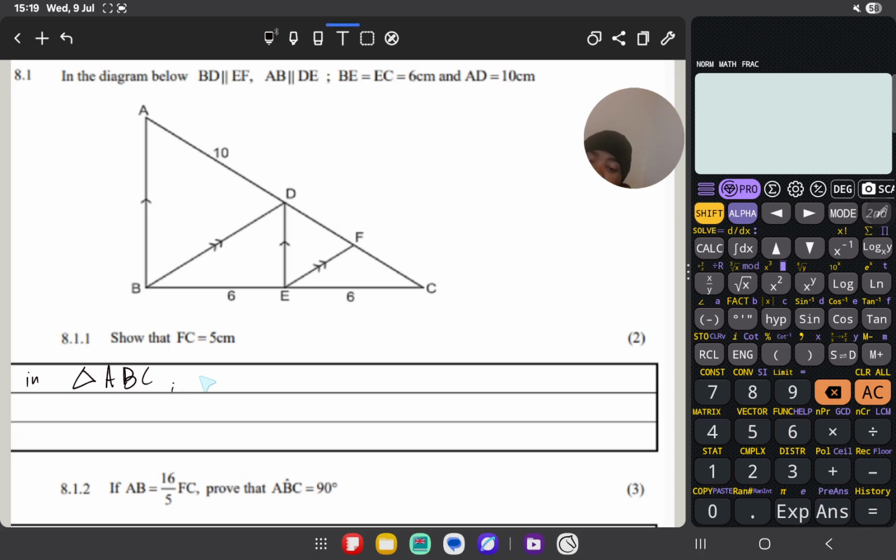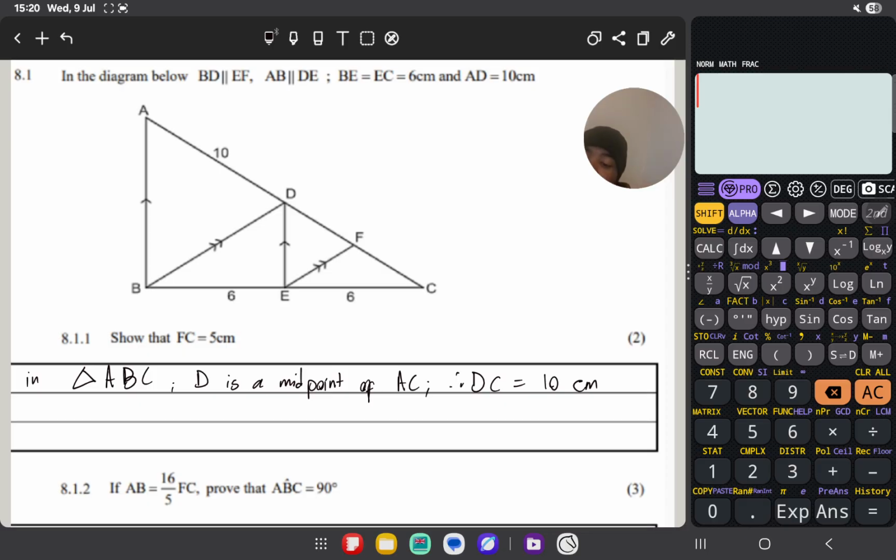That means D is a midpoint of AC. And from D being a midpoint of AC, therefore DC equals 10 as well, because you have 10 here, therefore for DC you must have 10 as well, so 10 centimeters.